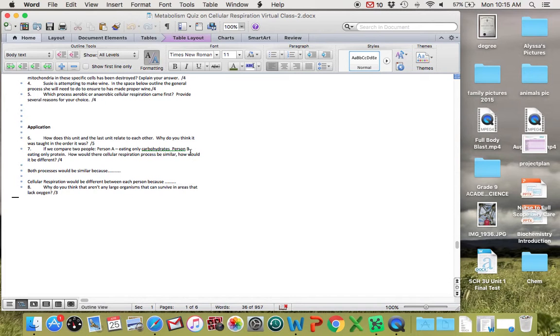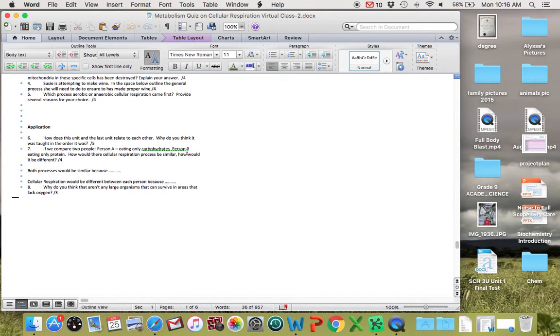Now with protein, it's going to be a little bit different, where protein can enter into the cellular respiration pathway at different points. Sometimes protein will enter in glycolysis. Other types of protein will skip glycolysis altogether and enter into pyruvate oxidation. Other types of protein will skip glycolysis and pyruvate oxidation and then enter directly into the Krebs cycle.